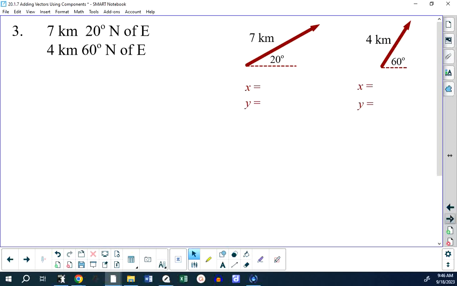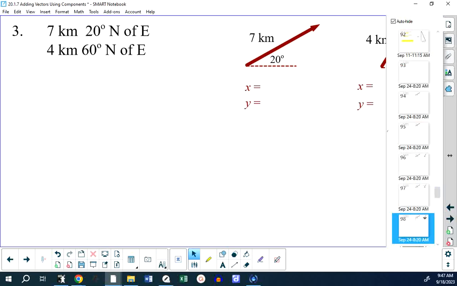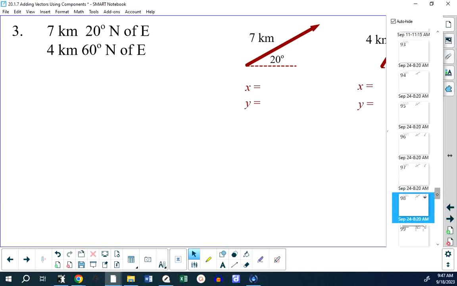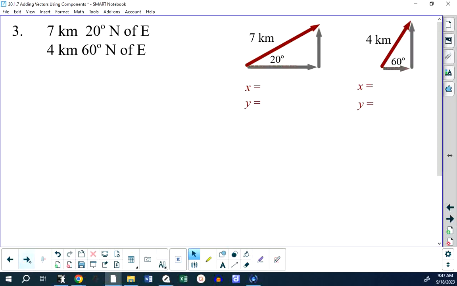And what I would like to see on your diagram, and I know that some of you are not going to want to do this, but I'm asking you to, please, is I want to see those horizontal and vertical vectors drawn in. I'm not putting that burden on you to be difficult or to make more work for you.